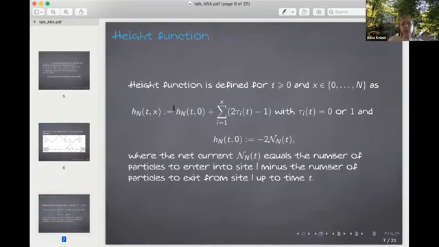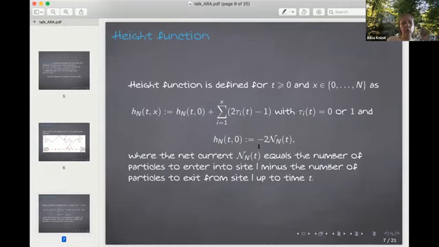And the initial condition that we impose here is minus twice the net current of particles at time t, which is equal to the number of particles that entered into site 1, the number of particles that are entering the system minus the number of particles that are removed from the system up to time t. So this is the formal definition of this height profile.